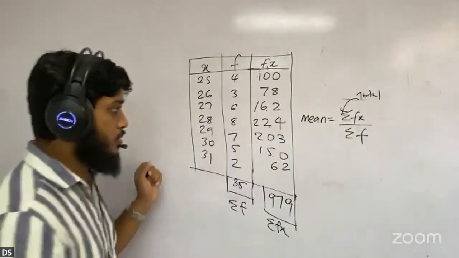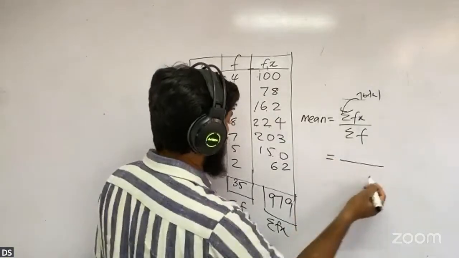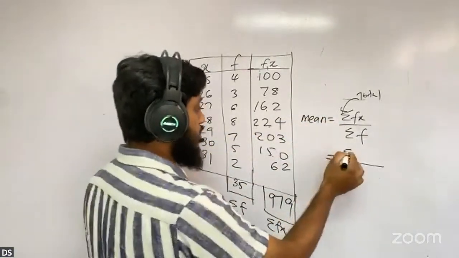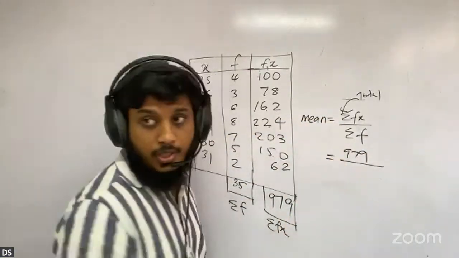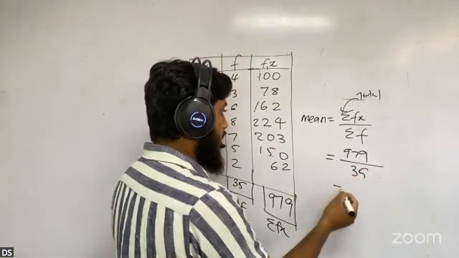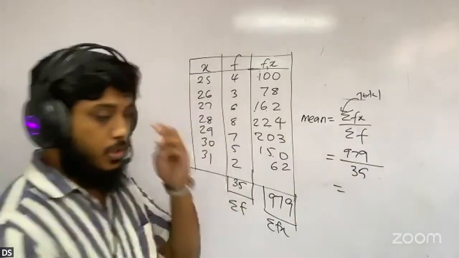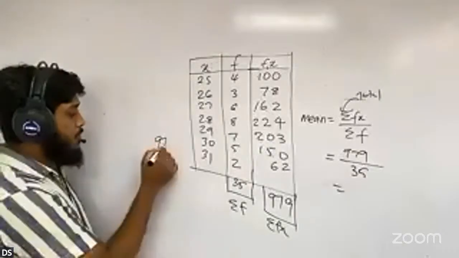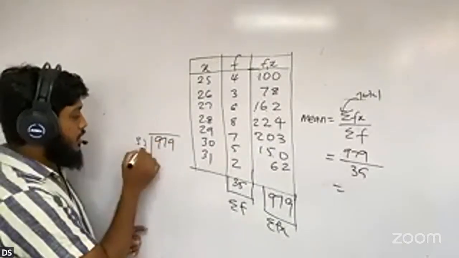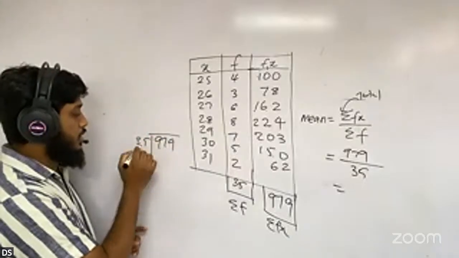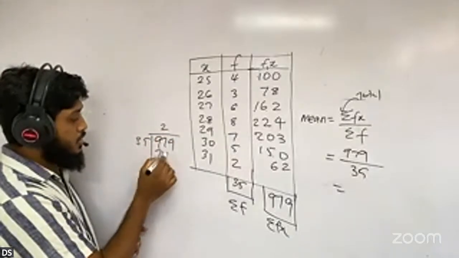Now you have to write this. Sigma fx, how much should you write? For sigma fx, we have to write 979. For sigma f, we should write 35. Then I have to write the value of the mean now. The mean will be 979 divided by 35. If I divide 979 by 35, how many 35s are there in 97? 2 times, 35 into 2 is 70, remainder 27.